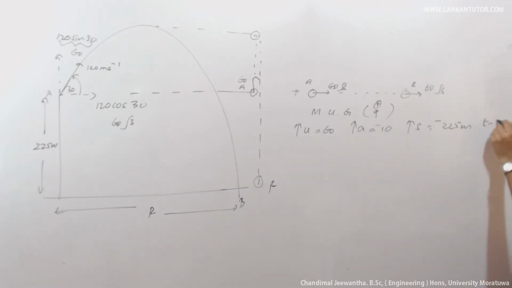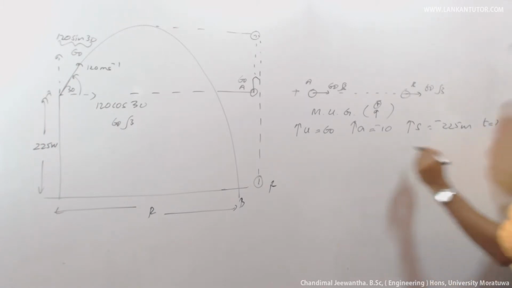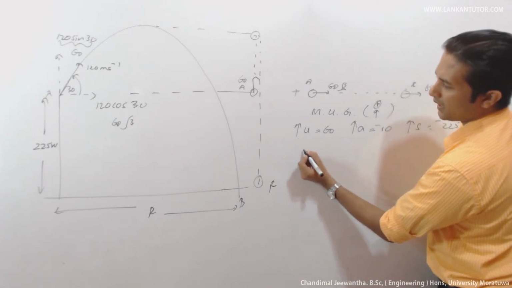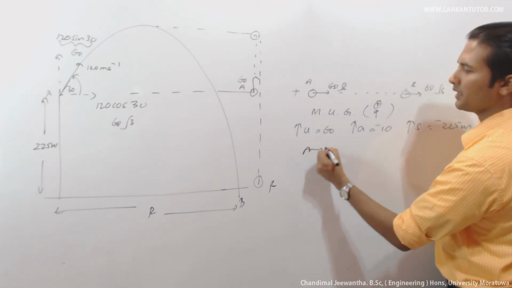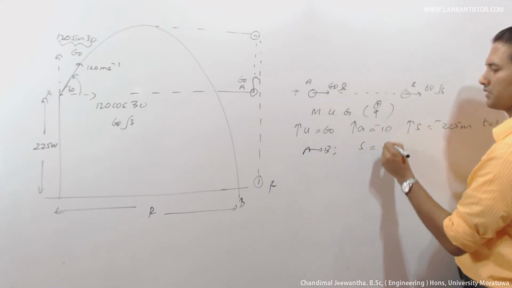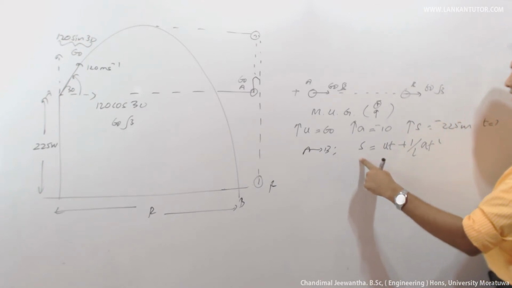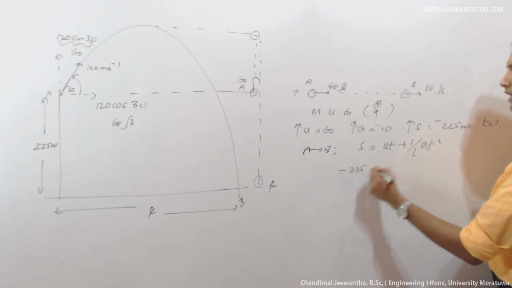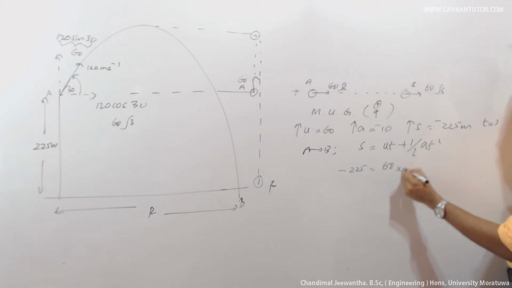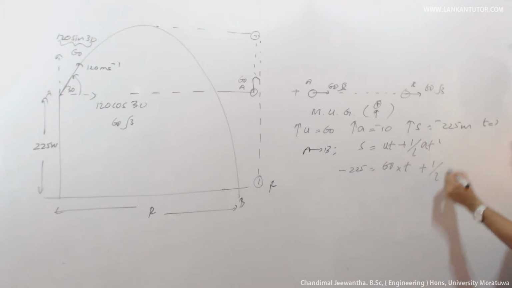So now we can find the time taken using S equals ut plus half at square.